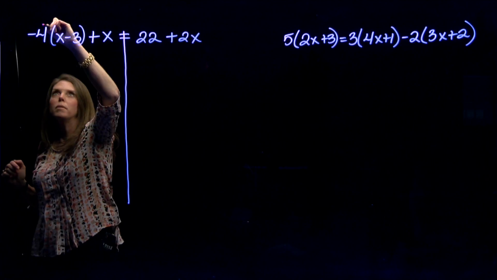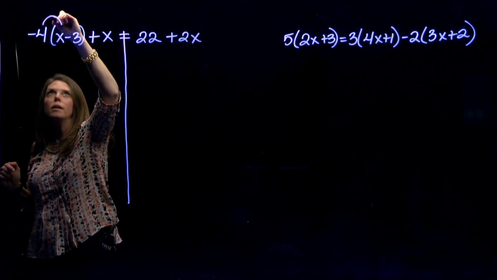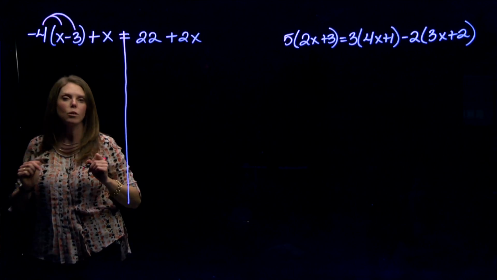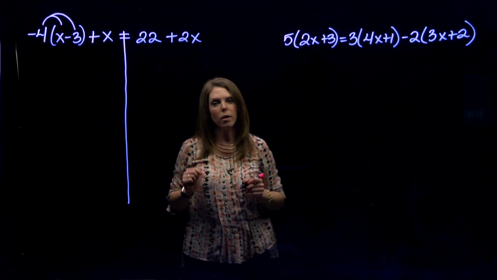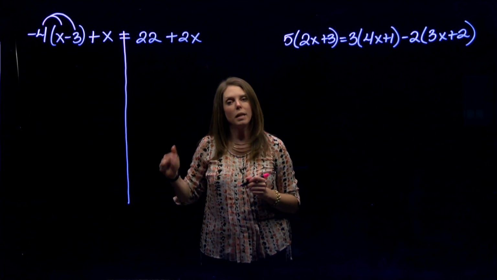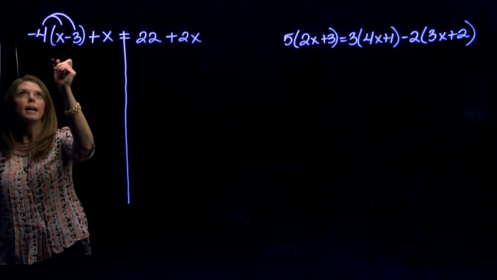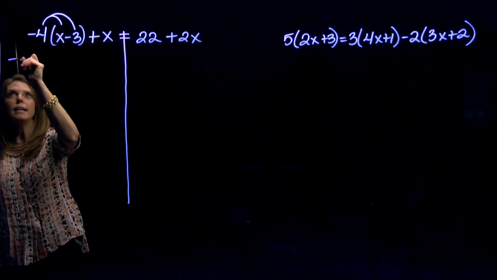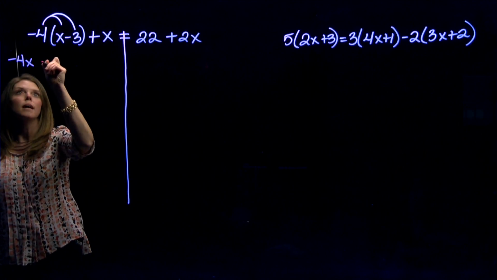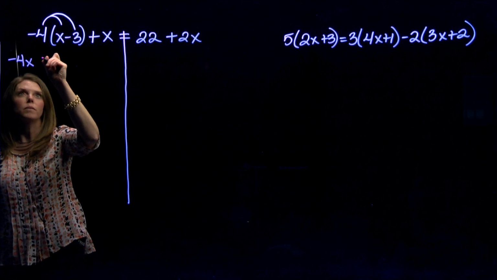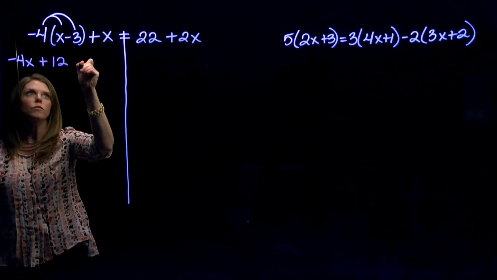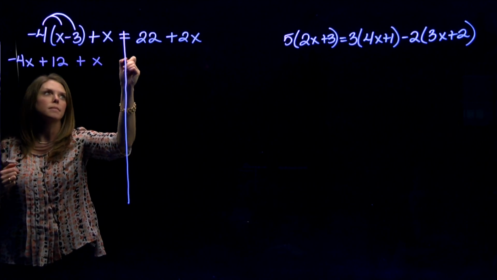So I'm going to multiply the x by a -4 and the -3 by a -4. That 3 is negative. So we need to make sure we watch our signs as we multiply here. And so what I get when I distribute is a -4x. -4 times a -3 gives me a +12 plus x.